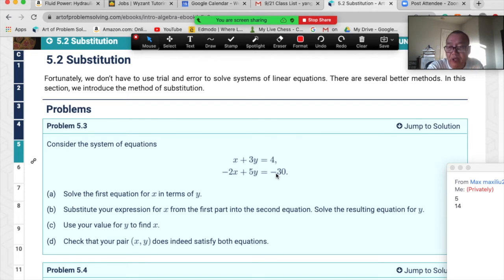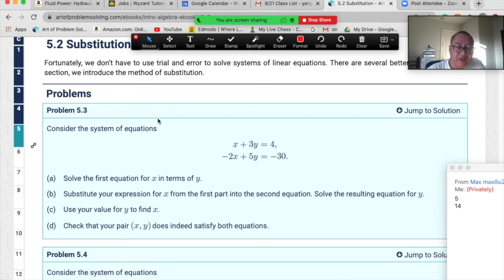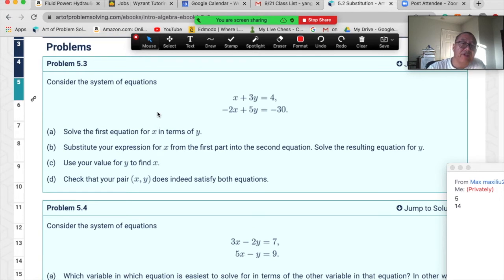Now, definitely we know how to solve a one-variable equation, right? Now let's see this example, 5.3. Consider this system of equations. We have these two equations, these two variables. So first, solve the first equation for x in terms of y.